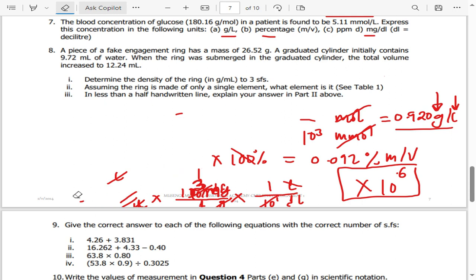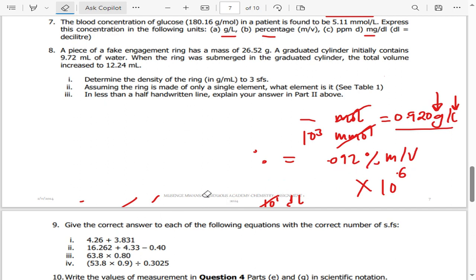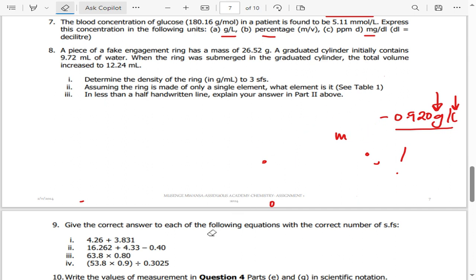Number 8, a piece of a fake engagement ring has a mass of 26.52 grams. A graduated cylinder initially contains 9.72 milliliters of water. And then the question is saying when the ring was dipped.